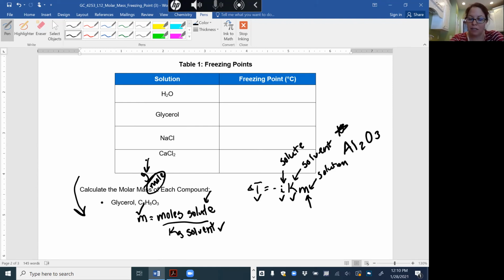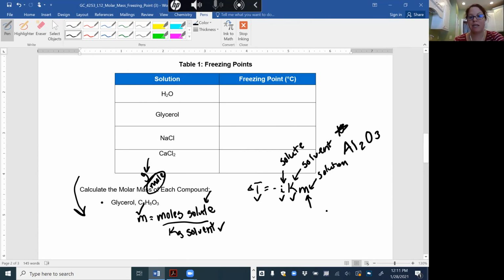In the case of glycerol, getting the gram value is a slightly different process because glycerol is a liquid. You would take the volume that you measured and use the density to find the grams. The density for glycerol is 1.26 grams per milliliter.